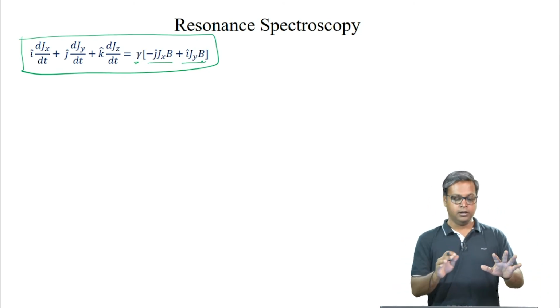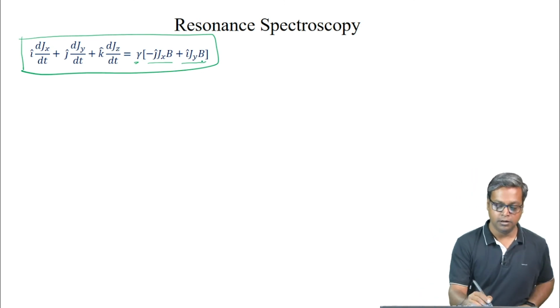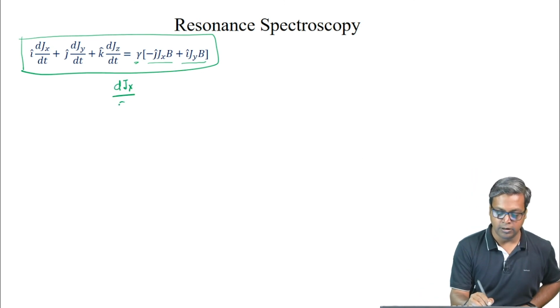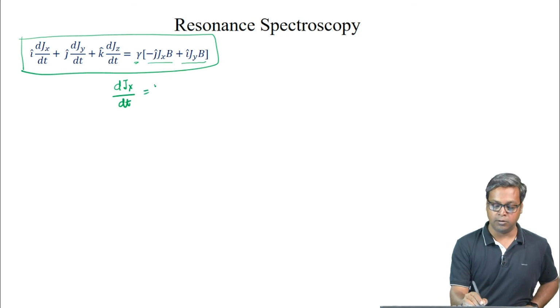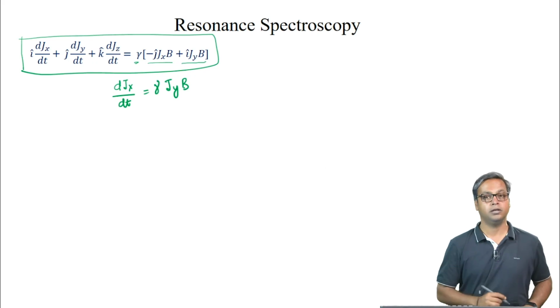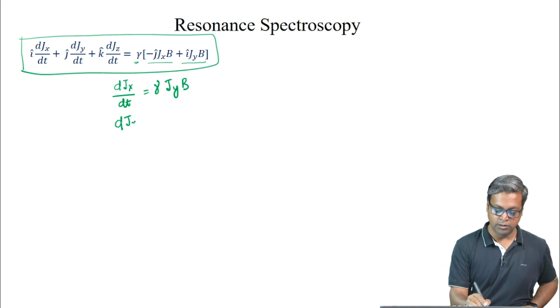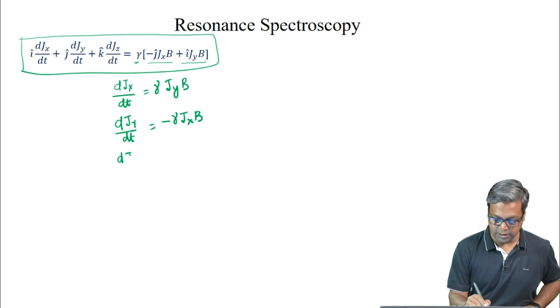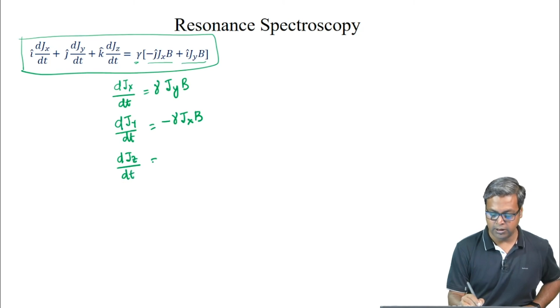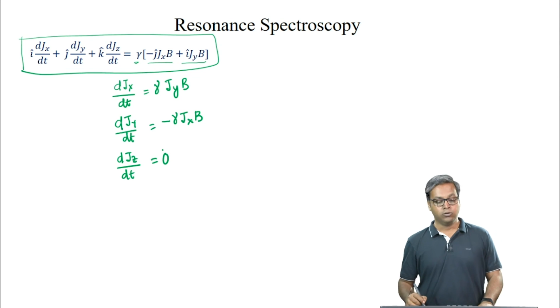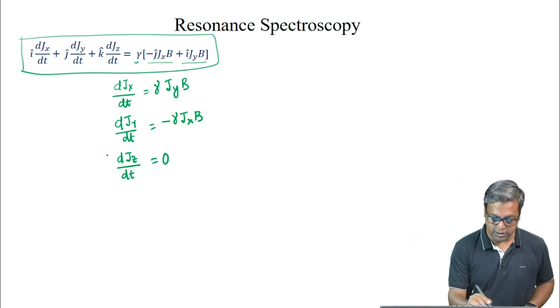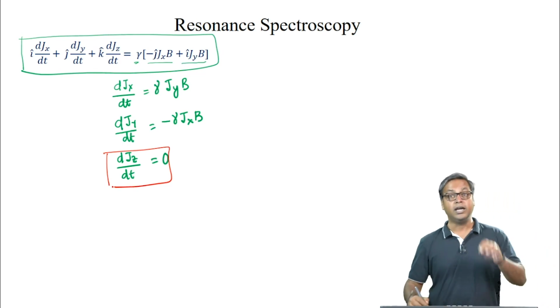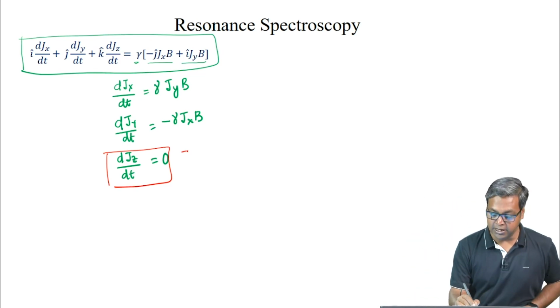If we compare this expression, we get dJ_x/dt equals gamma J_y B and dJ_y/dt equals minus gamma J_x B, and also we can see that dJ_z/dt equals 0.